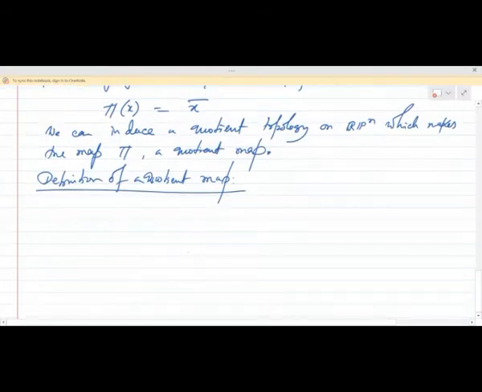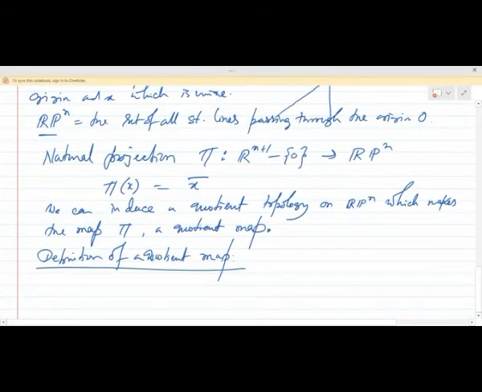So what is the topology induced on RPN with respect to this pi?